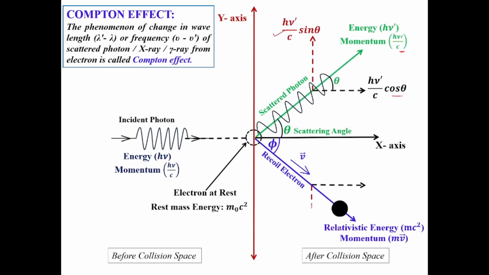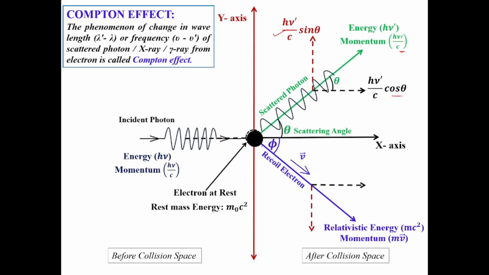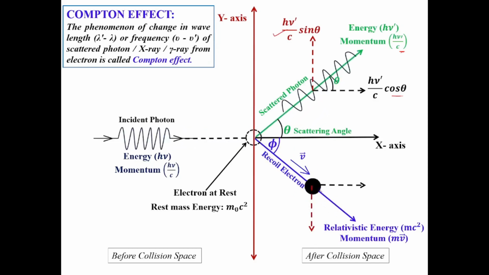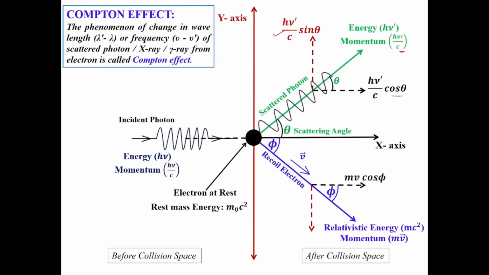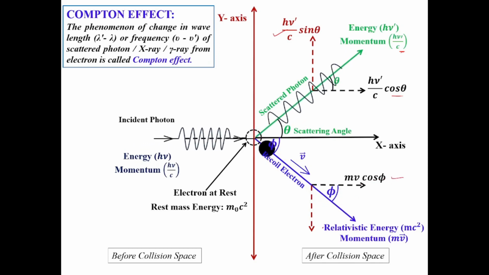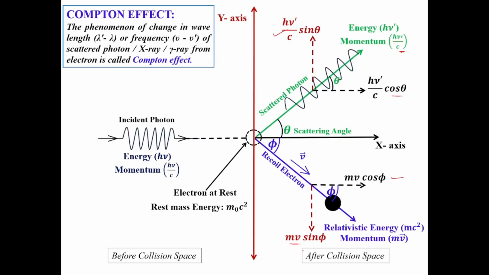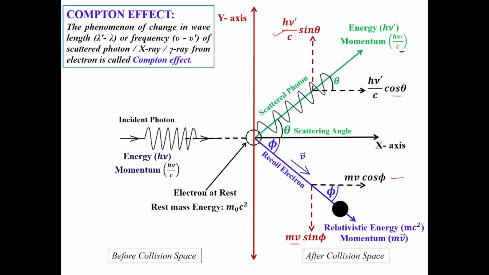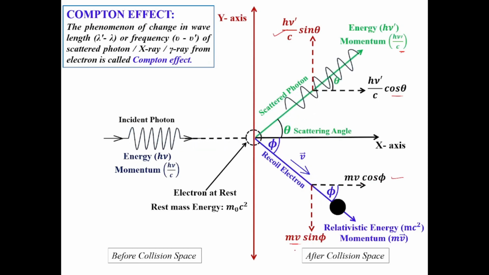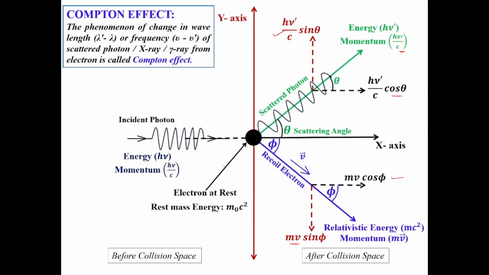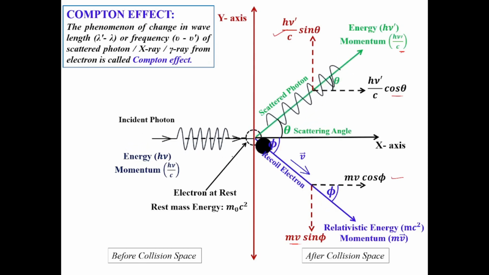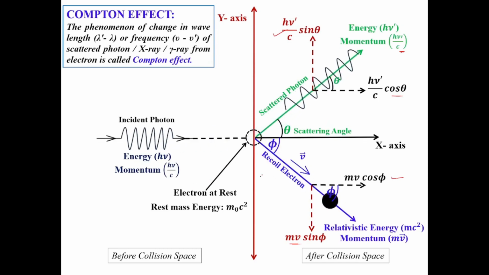Likewise, for the electron, when it is recoiled along this direction with an angle phi, its horizontal momentum component will be mv cos phi, and the vertical component, along the negative y-axis direction, is mv sin phi. Okay, now we are going to equate the before-collision energy and after-collision energy of the system.